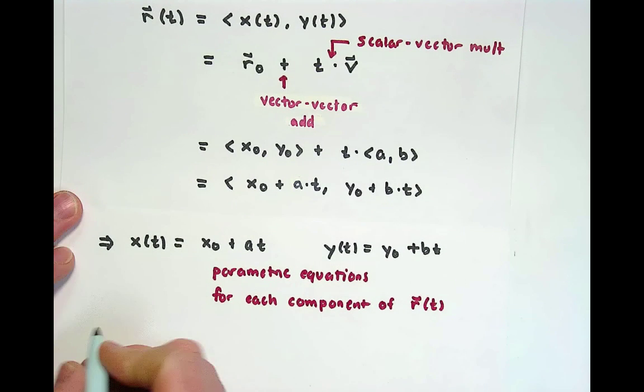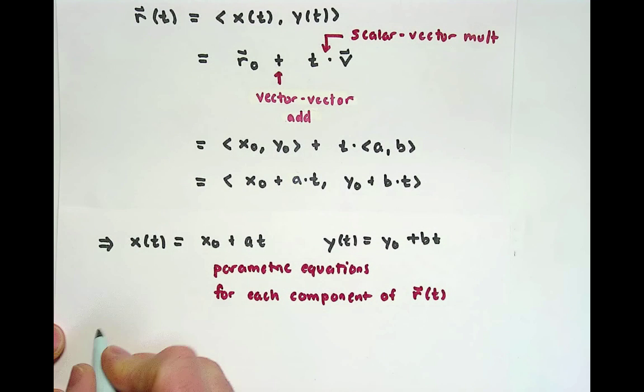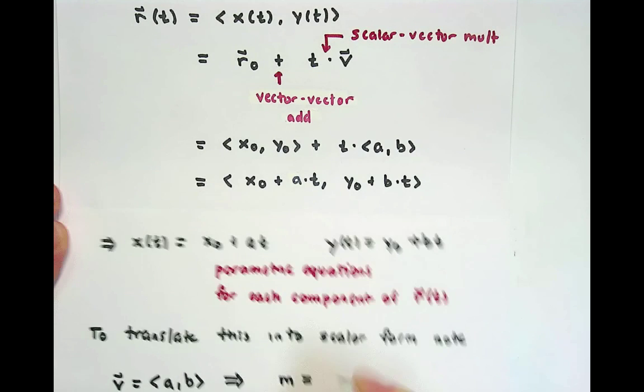One thing that you'll notice is we can actually translate this back into scalar form. To do so, we recognize that the direction vector encodes a slope.